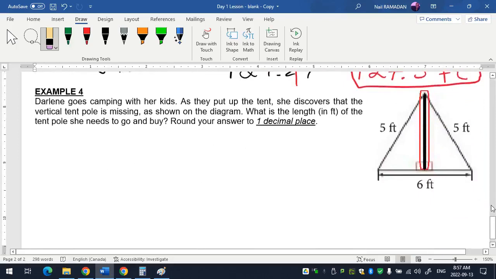Okay. Come on. So Darlene goes camping with her kids. As they put up the tent, which by the way, is the tent an equilateral triangle? Are all the sides of the tent the same? So if it's not equilateral, but two sides are the same, what did we call it again? Isosceles.